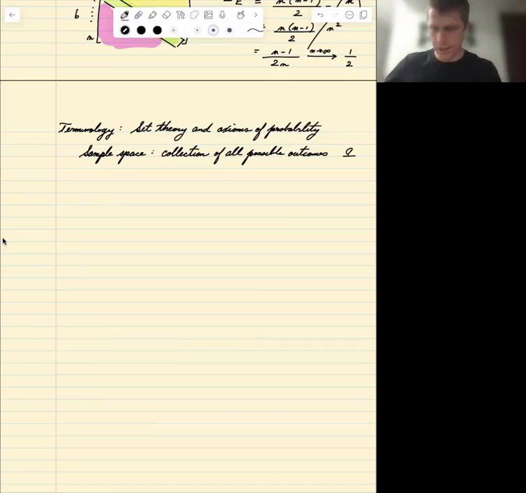And that's the term. The next term is the term event, which we've already seen before. An event is a subset of the sample space. So this is a set of possible outcomes, a subset of possible outcomes.